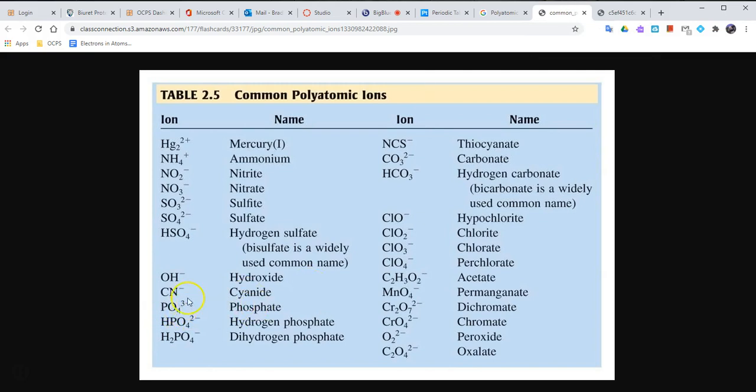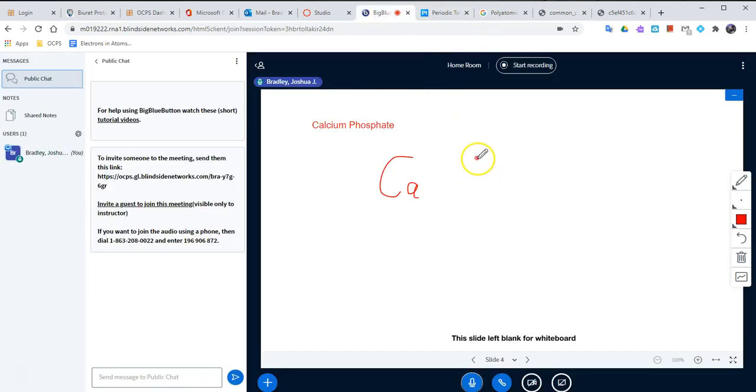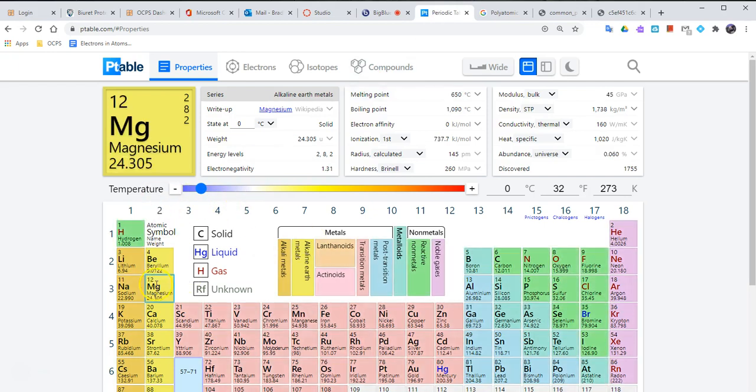Okay, phosphate is PO4, and that's 3 minus. So let's go back here. PO4, 3 minus.